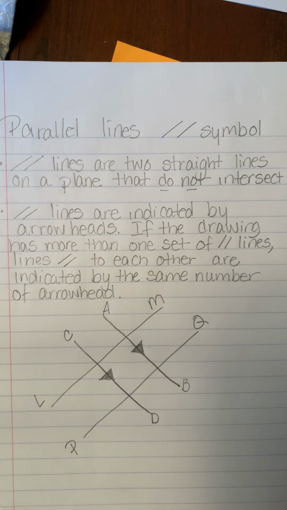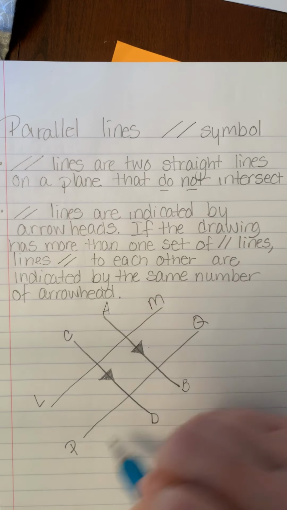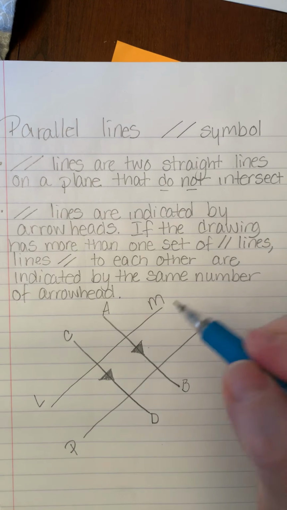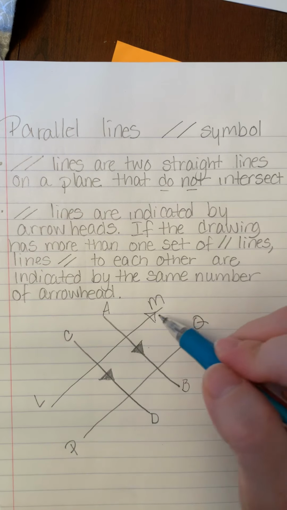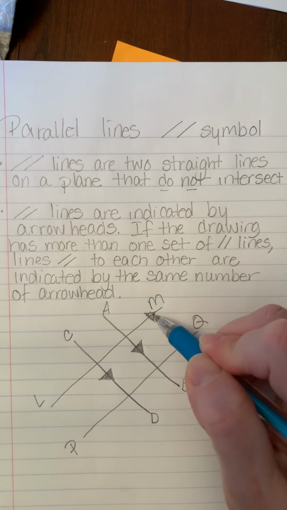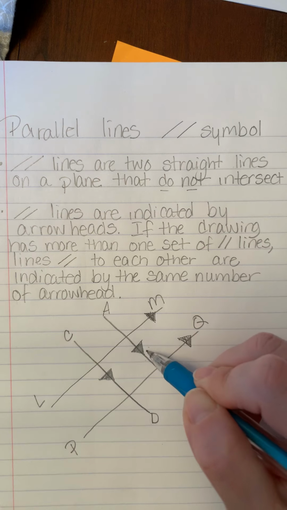Now, do we have another set of parallel lines? You are right. Winner, winner, chicken dinner. LM and PQ are your other ones. So you're going to put arrowheads on these. They're just little triangles, and you color them in. This cannot just have one because this has one.